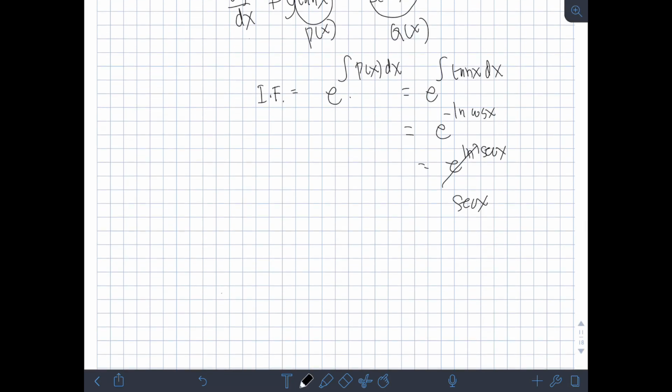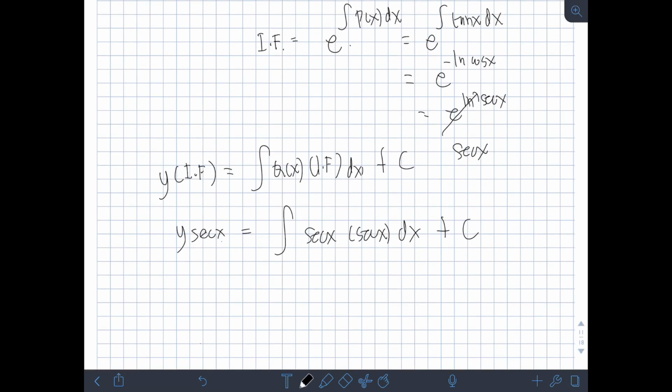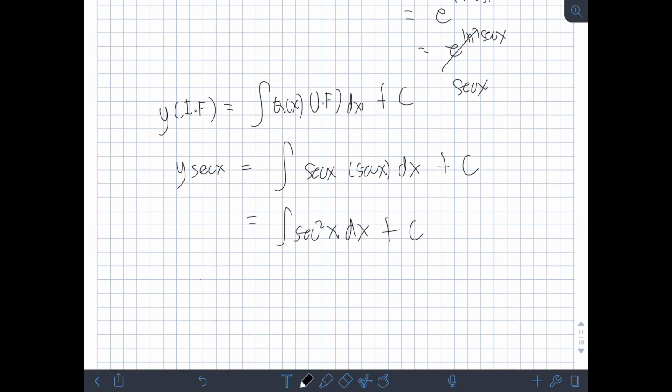Okay, so the solution is y times the integrating factor equals the integral of q of x times the integrating factor dx plus c. So, y times the integrating factor secant x equals the integral of secant x times secant x, then dx plus c. So, the integral of secant squared x dx plus c, right? And the integral of secant squared x dx is simply tan x plus c.